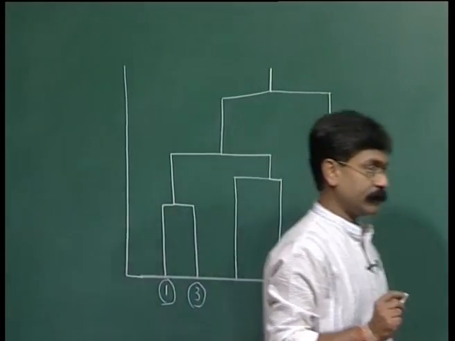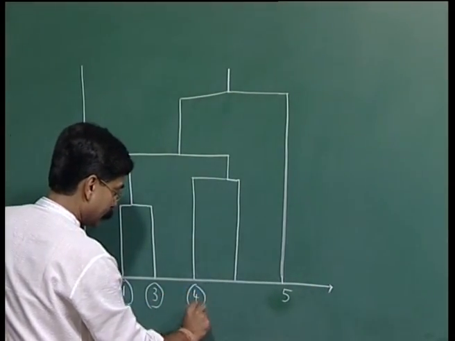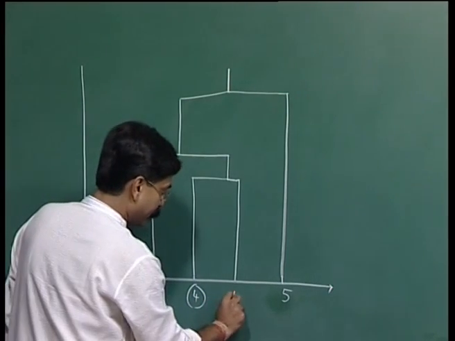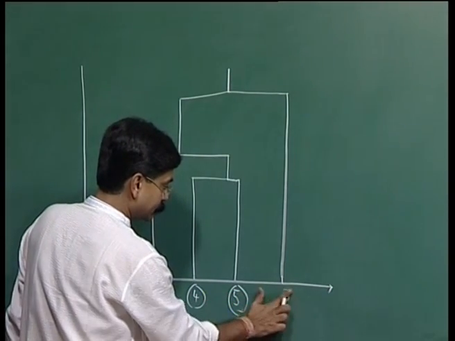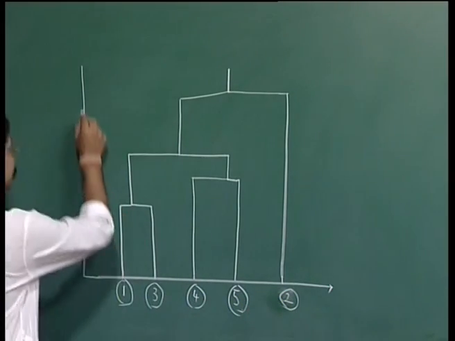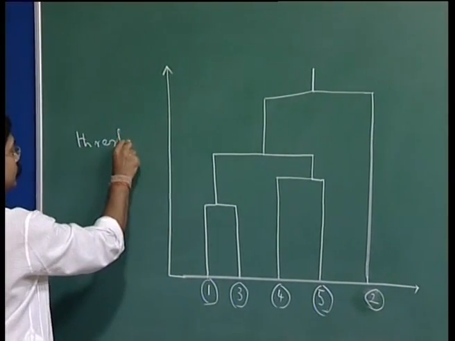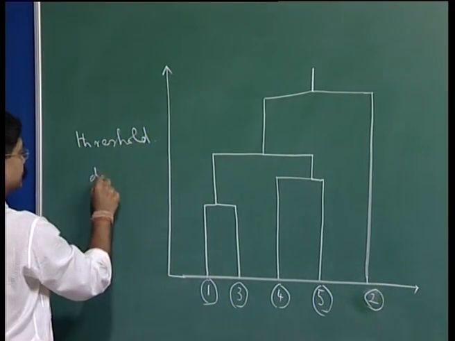So this is 1, 3, 4 and 5 here, and we had this as 2. And this axis is basically the threshold distance axis.